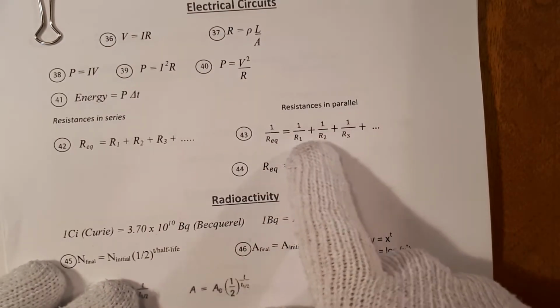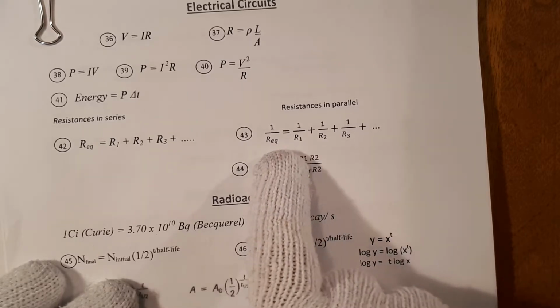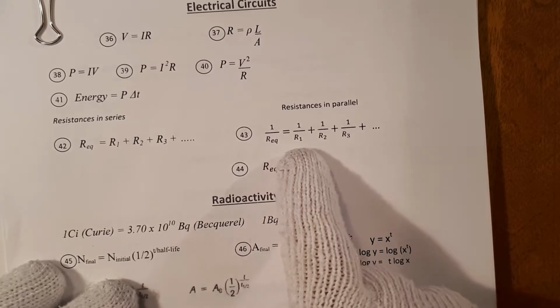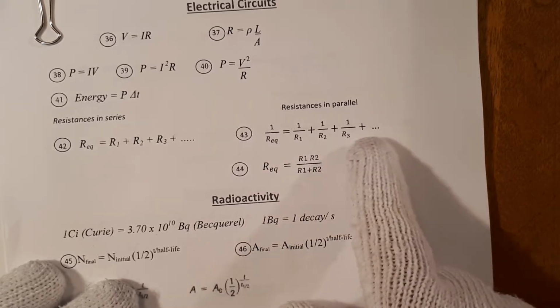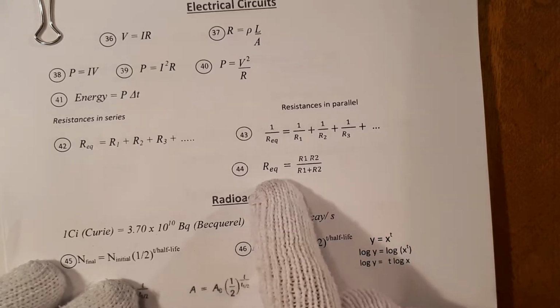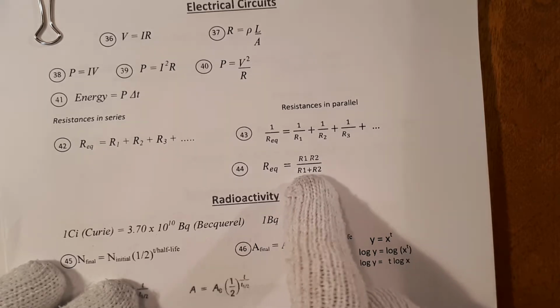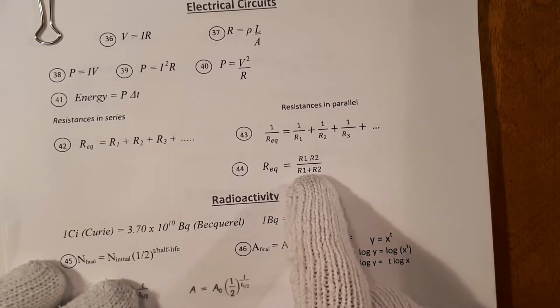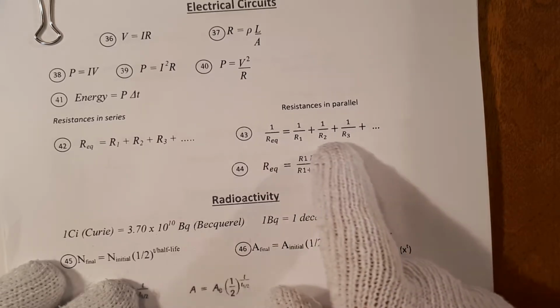And the equation for resistances that are in parallel: 1 over the equivalent resistance is equal to 1 over the first resistance plus 1 over the second plus 1 over the third, etc. There is this other equation here for equivalent resistance, but this is only with reference to 2 resistors that are in parallel with each other. When you have more than 2, 3 or more, then we'll need to use this equation.